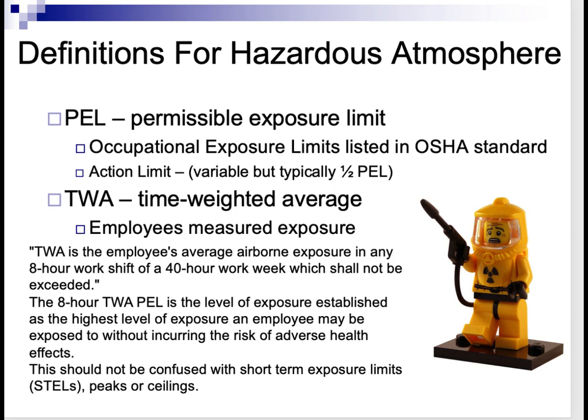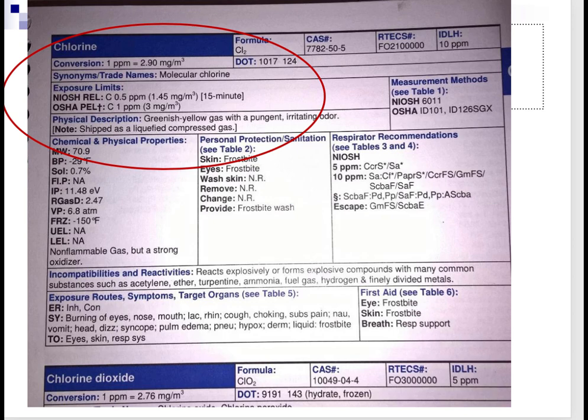So the permissible exposure limit is the regulatory guidance, and we evaluate the compliance, or where the person is in relation to that regulatory guideline, by evaluating their time-weighted average. And if a worker works longer than 40 hours per week or 8 hours per day, we have to make an adjustment. But that's well beyond this class, so just think of that permissible exposure limit.